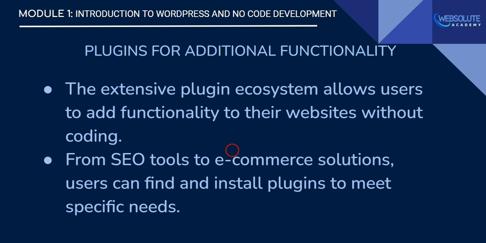You need a security function just to protect your website, you can look for security plugins. You need a caching option, as in a content delivery network option, the CDN option. You can look for the plugin, from SEO tools to e-commerce solutions to what have you. Users can find and install plugins to meet specific needs.